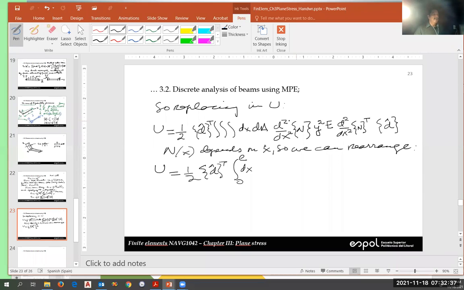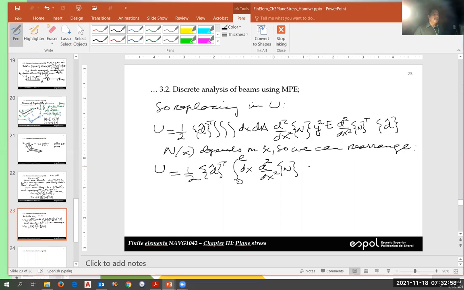So we have this term here because we have N. It's going to be the second derivative with respect to x of N. So that's the vector. These two do not depend on x.